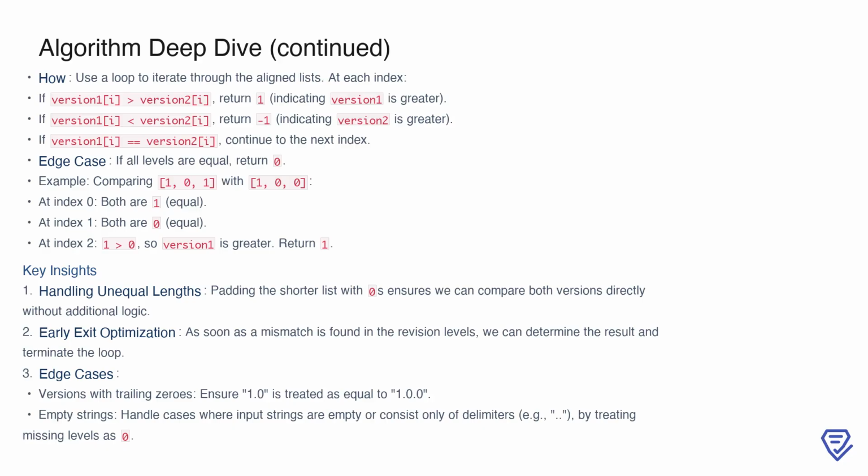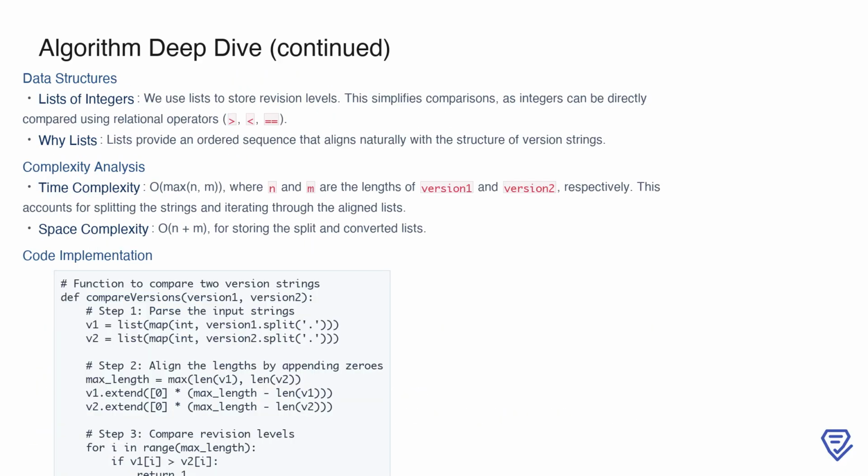Key insights include the importance of padding shorter lists with zeros, which simplifies the comparison logic, and the ability to exit the loop early when a mismatch is found. We also account for edge cases, such as treating 1.0 as equal to 1.0.0, and handling empty strings by interpreting missing levels as zeros. To implement this algorithm, we rely on lists of integers to store revision levels.